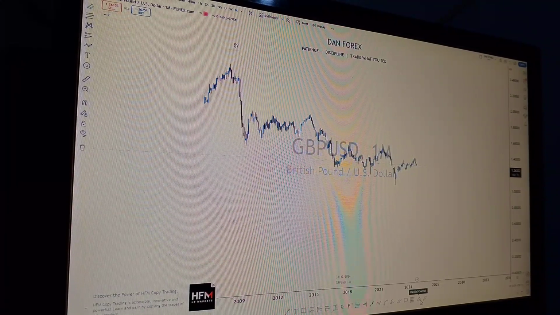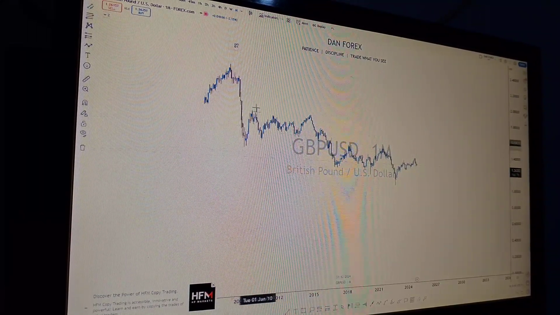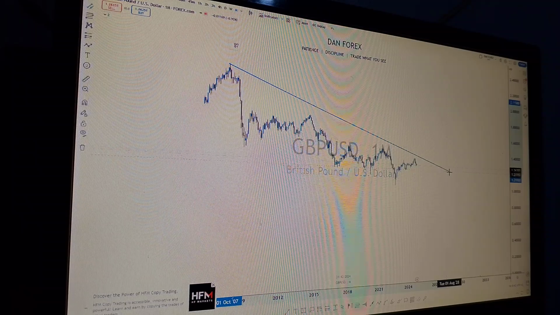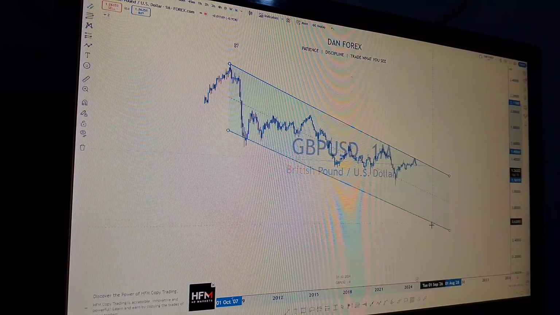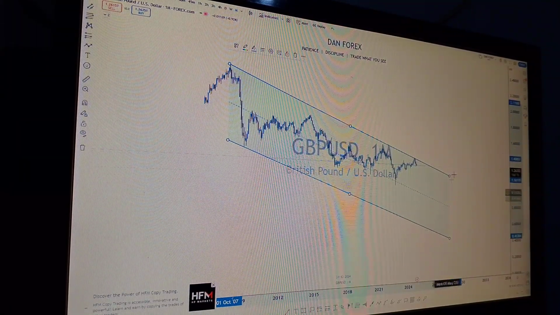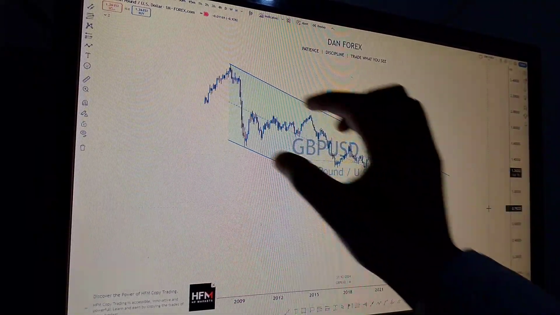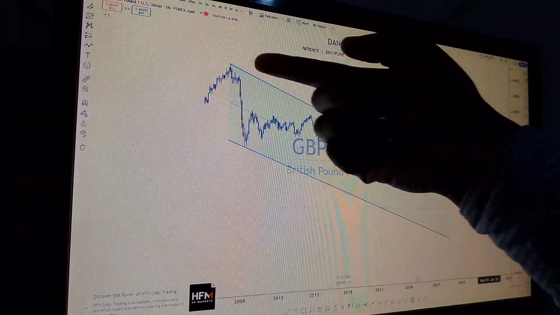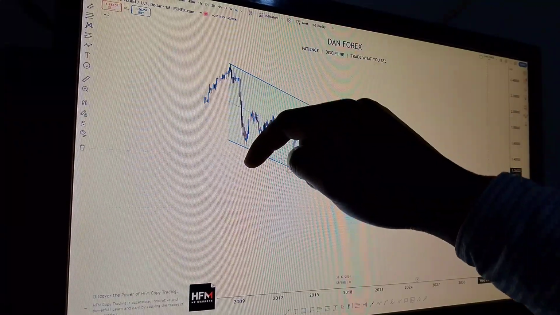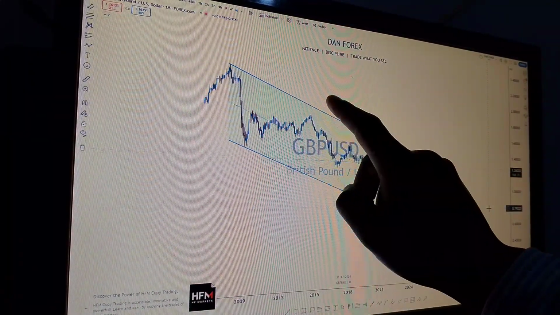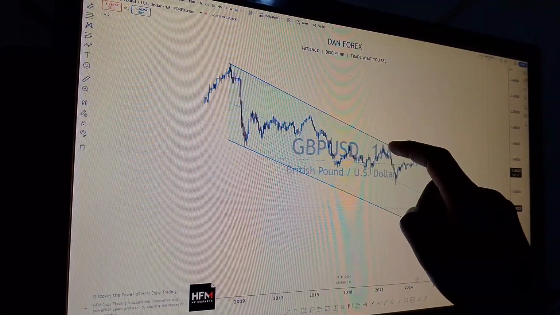If you pick your tool called a parallel channel, and you place it from this area to this area, you can see that GBP is just playing in this channel like this, right? If it taps this channel around here, it drops. Touching this channel, it pumps up. Touching here, drops.